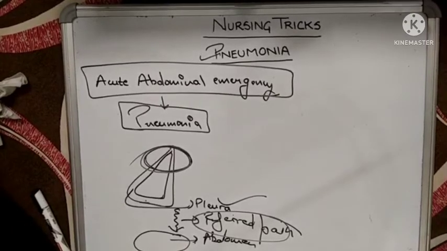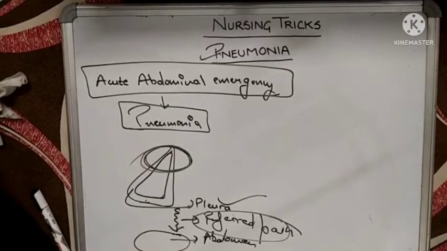So till here, we have just introduced the term pneumonia. We have seen the common classification, the clinical features, what all the risk factors are, what all bacteria and viruses are responsible for this particular disease.